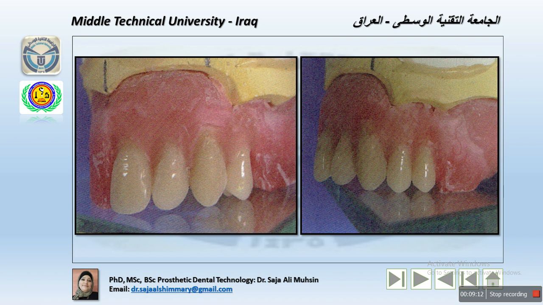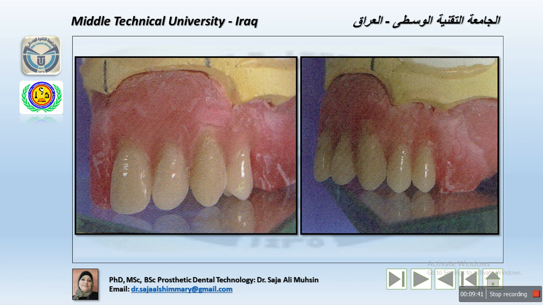Now the second premolar is positioned, again with the vertical long axis when viewed buccally, but with the buccal cusp lifted slightly off the occlusal plane by almost 0.5 to 1 millimeter, and this depends on the anatomical landmarks of the artificial teeth. Only the palatal cusp touches the occlusal plane.